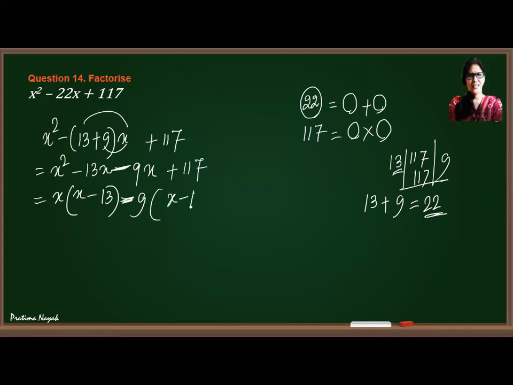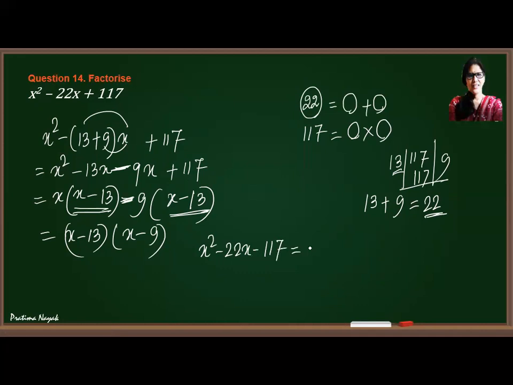And you will check whether you are getting the first component the same. If you are not getting it, that means it is a mistake. x minus 13 into x minus 9. So write the answer: x square minus 22x plus 117 is equal to (x minus 13) into (x minus 9). Answer.